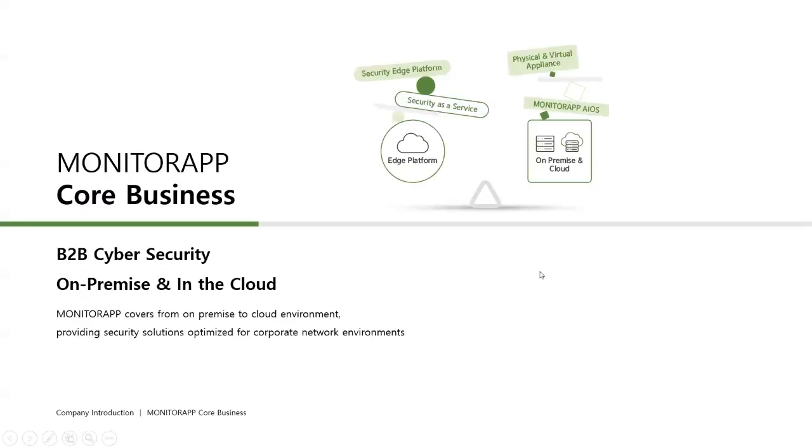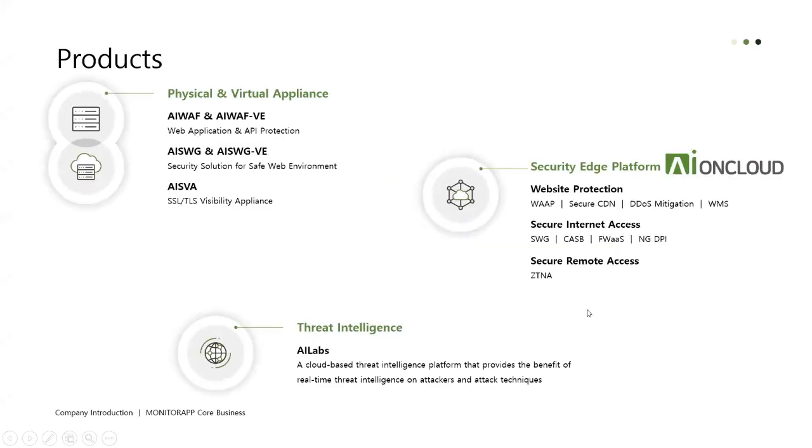So the products and services that Monitor app has are the physical and virtual appliances, which are the hardware and the software that we install on virtual machines. And then we have the Ion Cloud, as I mentioned, a SaaS platform, the SSC platform that we have on the cloud.